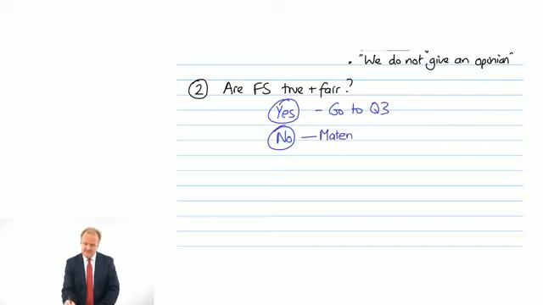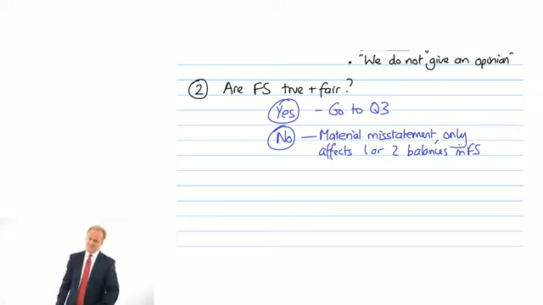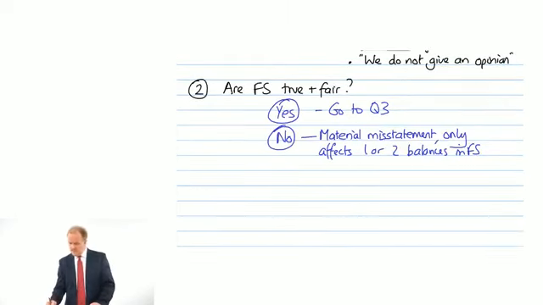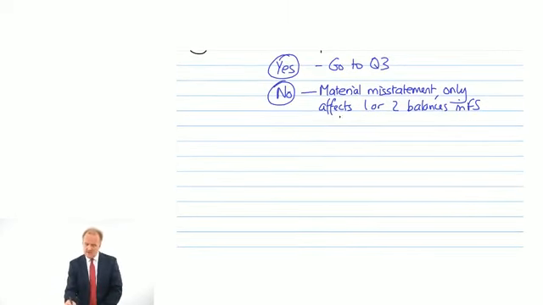Because if there is a material misstatement, but it only affects 1 or 2 balances in the financial statements, then just as we did above, we are going to give an except for qualified opinion.